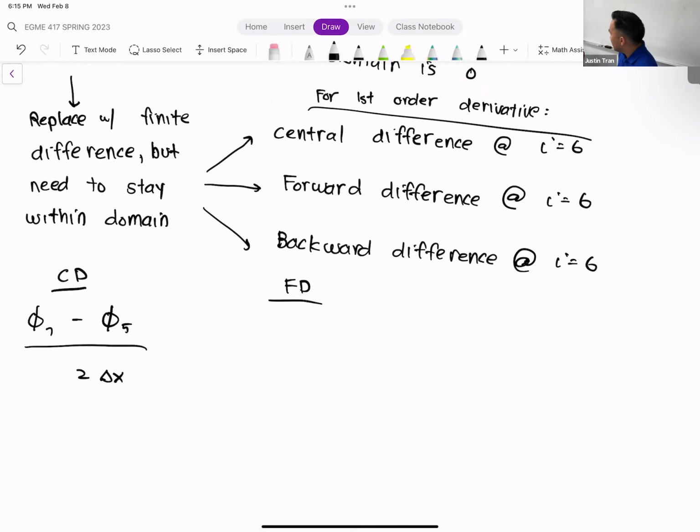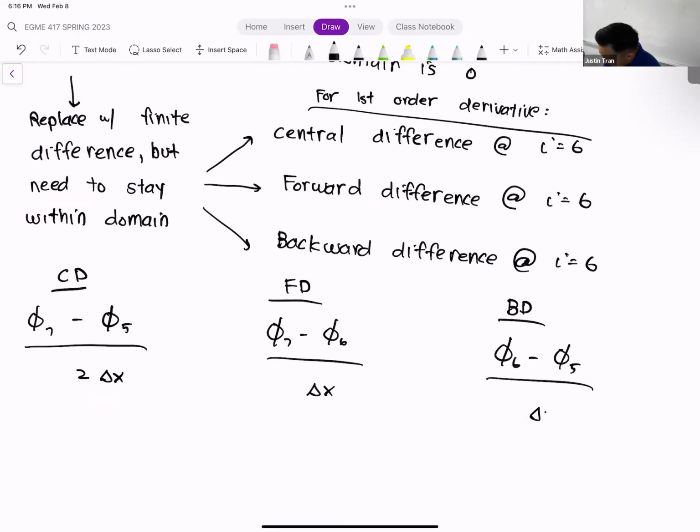Forward difference is phi I plus 1 minus phi I, divided by delta x. And then finally, we have the backward difference, which is phi I minus phi I minus 1, divided by delta x. So phi 6 minus phi 5, all divided by delta x.